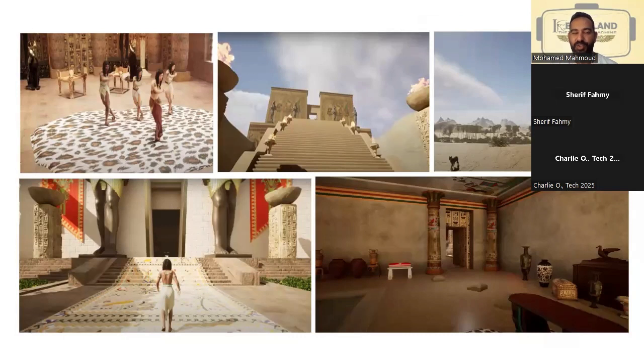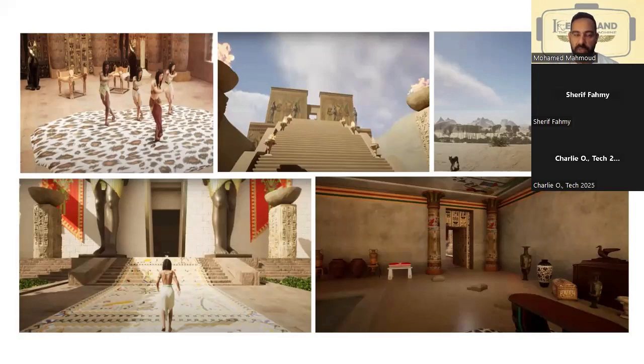It's a royal imaginary palace where you can just go into this palace, and there are rooms, and you can meet the royals inside this palace. These pictures are from the royal palace that we have developed.